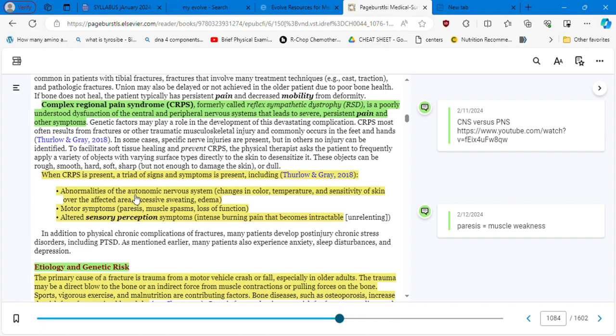That's abnormality of the autonomic nervous system. Something that we cannot control. Motor symptoms, paresis, muscle spasm, loss of function, and let's remember that paresis is muscle weakness. And the third one is altered sensory perception symptoms, intense burning pain that becomes intractable.